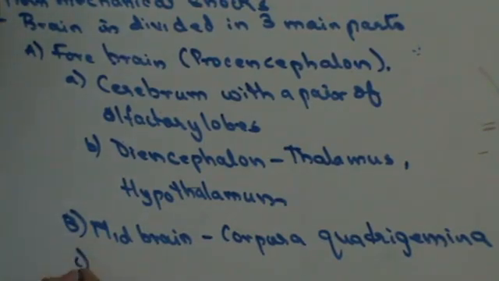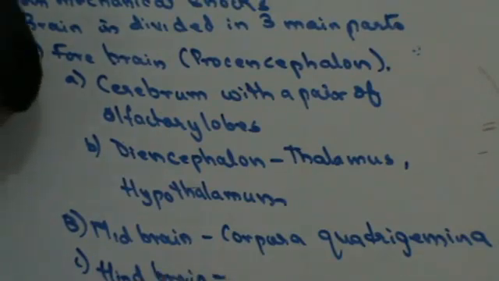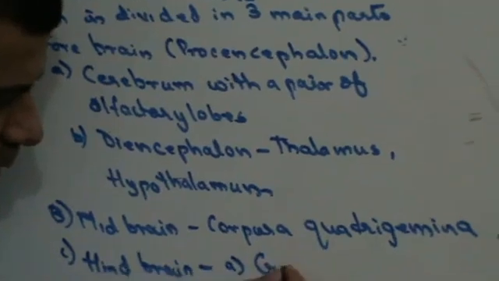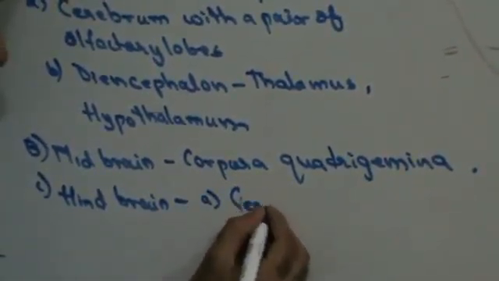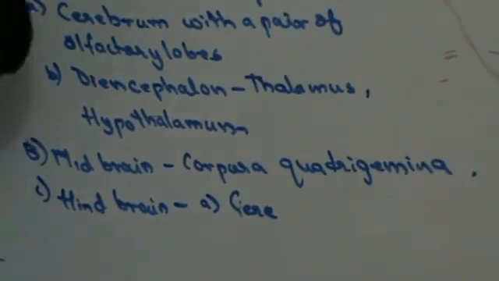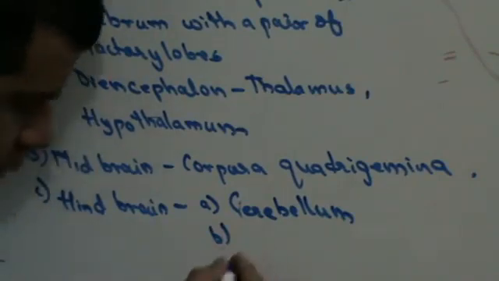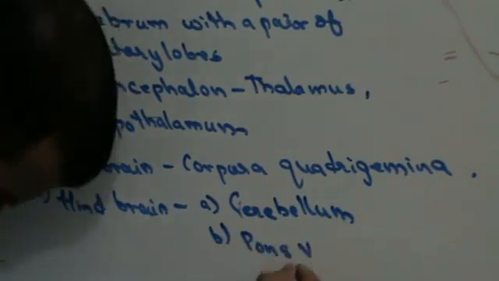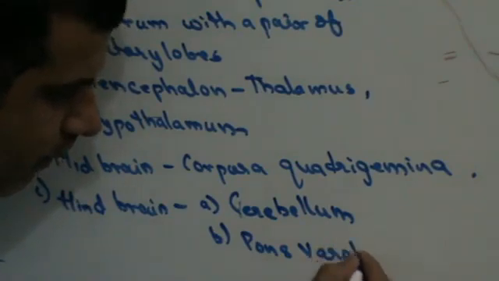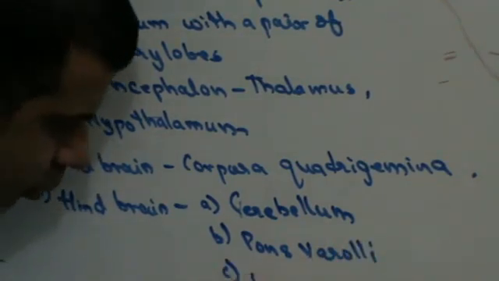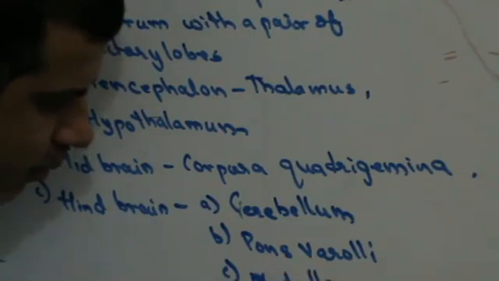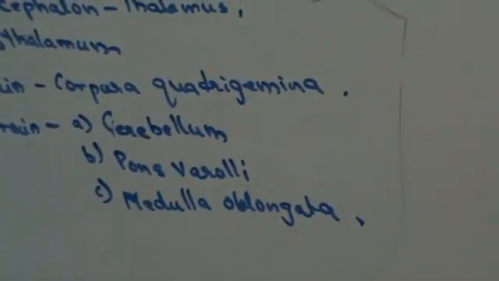And then you have the hindbrain. The hindbrain is made up of cerebellum, pons varolii, and medulla oblongata. Right? So those are your parts of the brain.